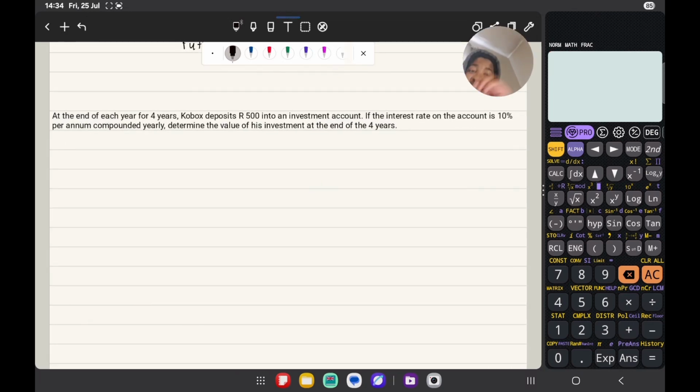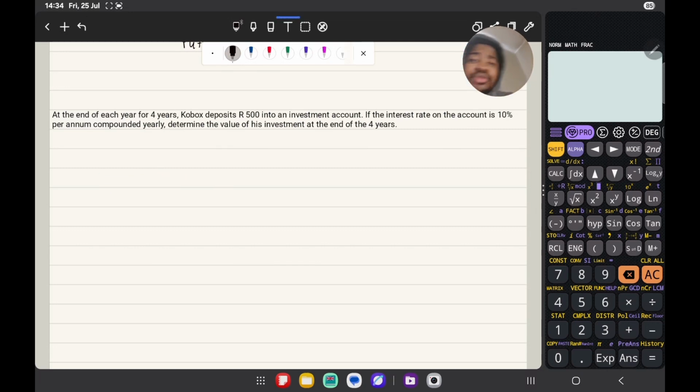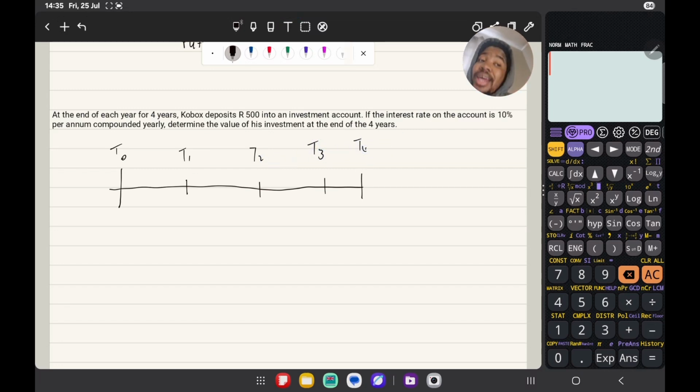So let's draw our timeline first. So this is T0, T1, T2, T3, T4. They're saying that at the end of each year, he deposits 500 rand.